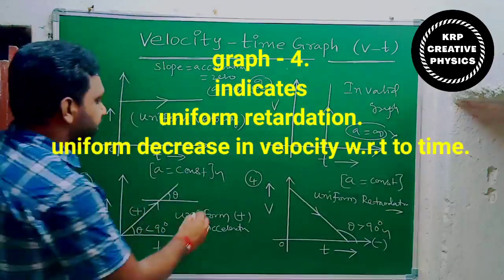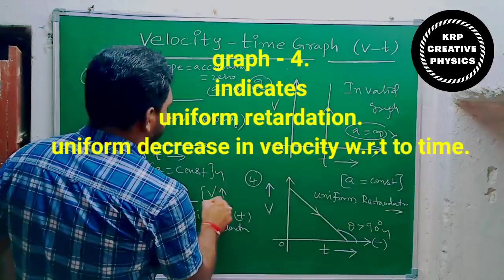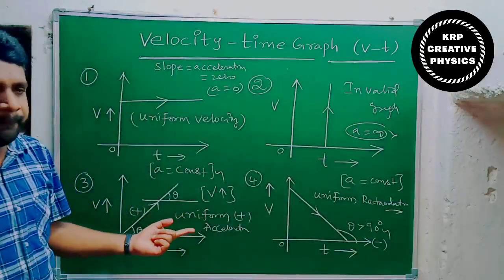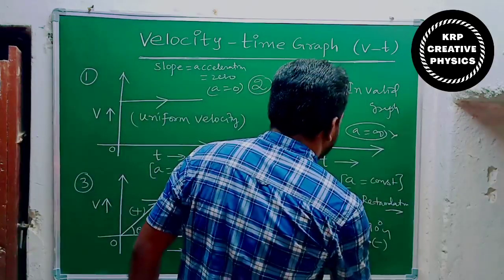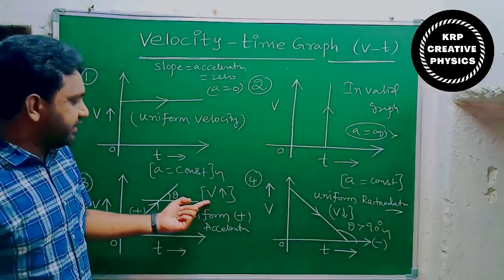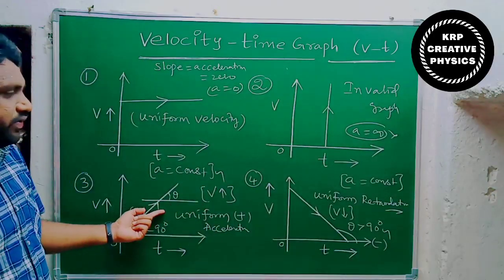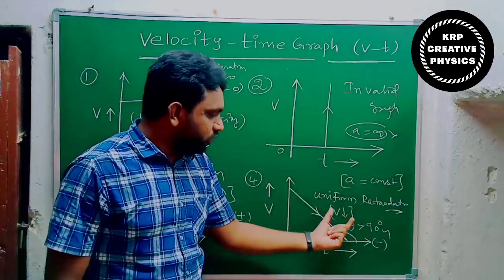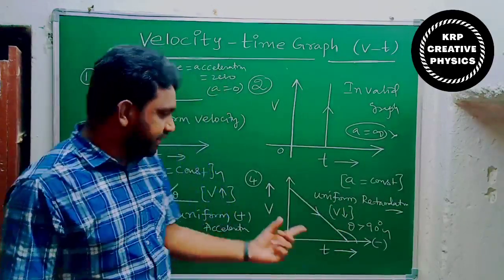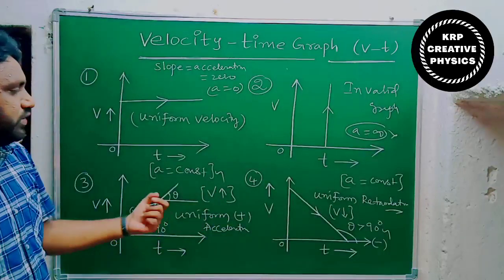During this graph, velocity is increasing, and in this particular graph, velocity is decreasing. So equal increase in velocity with respect to equal intervals of time. And what about this one here? Equal decrease in velocity with respect to equal intervals of time. That is the difference between these two graphs. They are quite opposite.